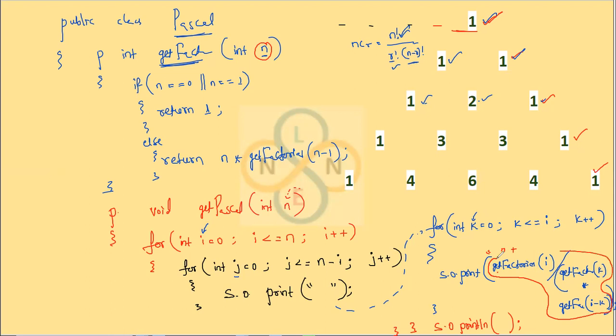Which will give the exact expected pattern with proper spacing. So this is the simplest logic behind Pascal triangle. Everything is simple, only the order is important, that's all. I hope you understand. We will also execute this through the IDE.